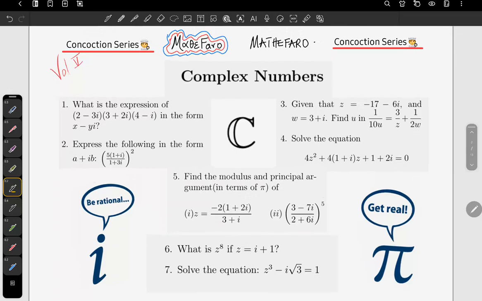The next time we come back, we're going to look at some questions that involve solving equations of complex numbers. So we will look at question number 3 and question number 4. And while you wait, I enjoin you to pick up some questions in the complex numbers domain and try to solve as many as you can.